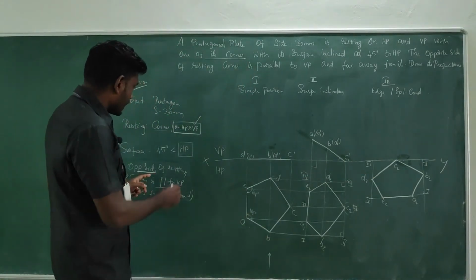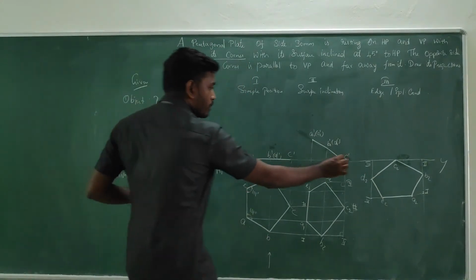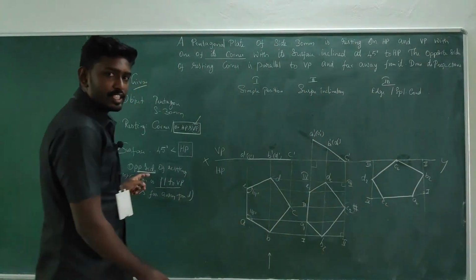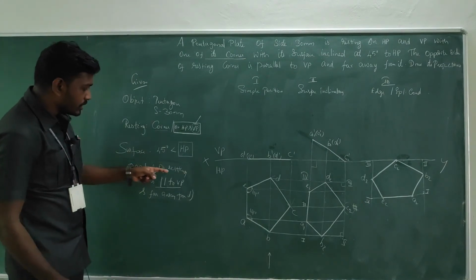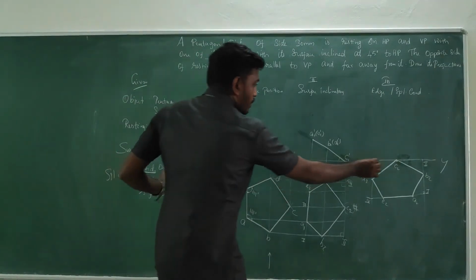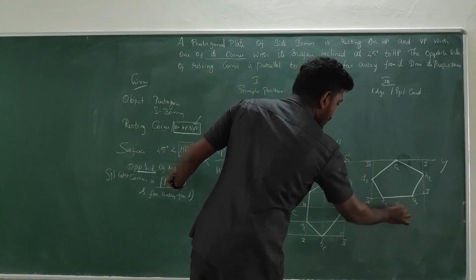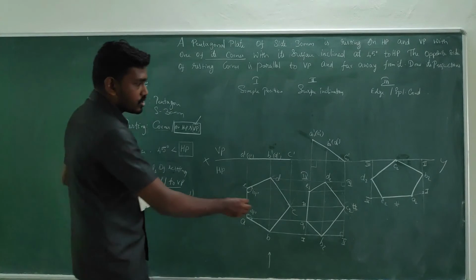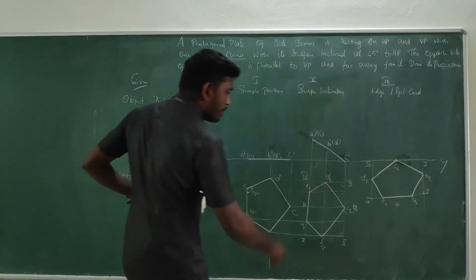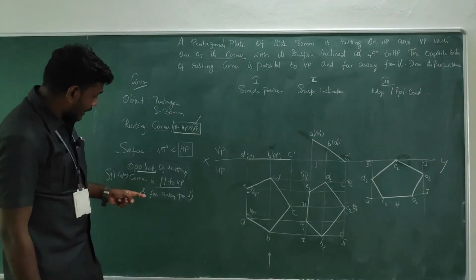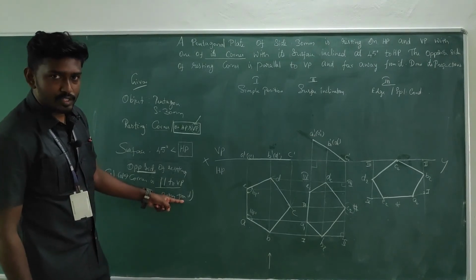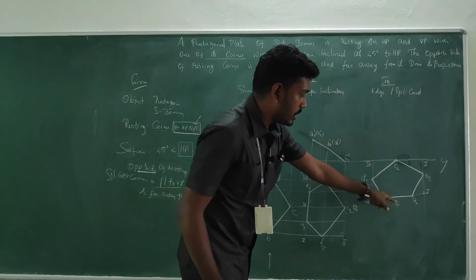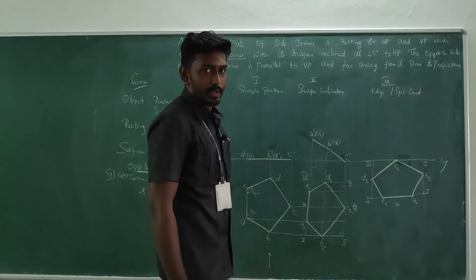Here the corner is resting on VP, for which we have kept the C on the HOI line, and then the opposite side of the resting corner, that means A and E, has been kept parallel. So here see, it has been kept parallel to VP, and the condition is it should be far away from it. So what we did is we just made the edge E and A far away from it.